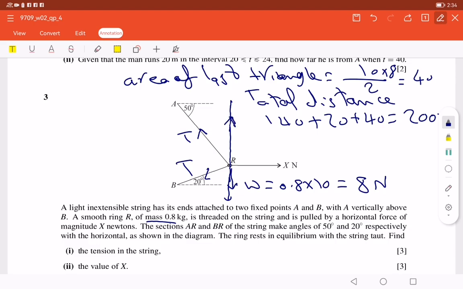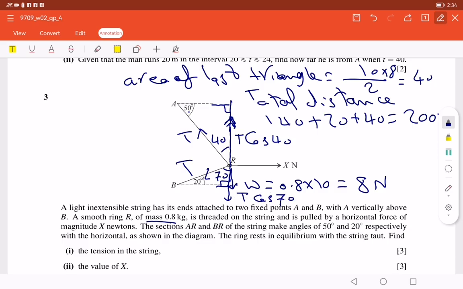So the vertical component of the first tension equals T cosine 40. Why cosine 40? We have this right angle triangle, this angle is 50, so this angle will be 40. By the same way, this angle is 90 minus 20, so this angle will be 70. This means that the vertical component of the tension at point B will be T cosine 70.